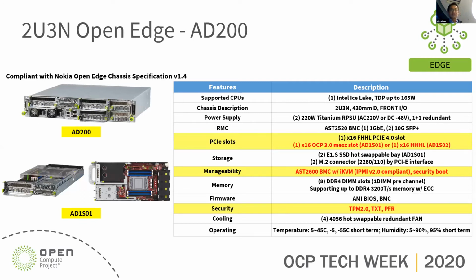This is the brief spec of the Open Edge server. Again, I keep comparing to Frank's solution. But before that, I need to thank Mike, and thank Nokia. Nokia offered this idea. So Frank does it with 3U, but MyTech does it with 2U.